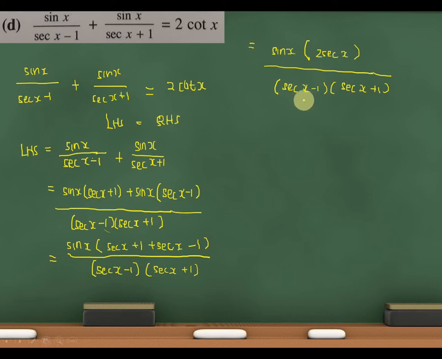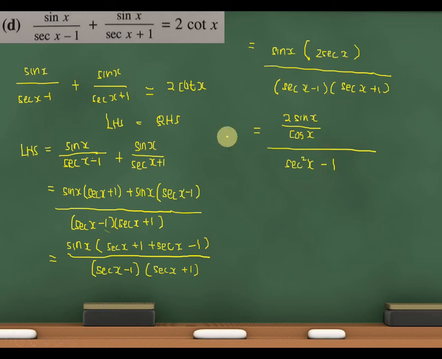So we might need to get nearer to cotangent by changing everything to tangent. Okay, so let's do this. 2 sine x secant equals sine x. So this is the a square minus b square. So secant square x minus 1 square. So 1 square is actually 1.